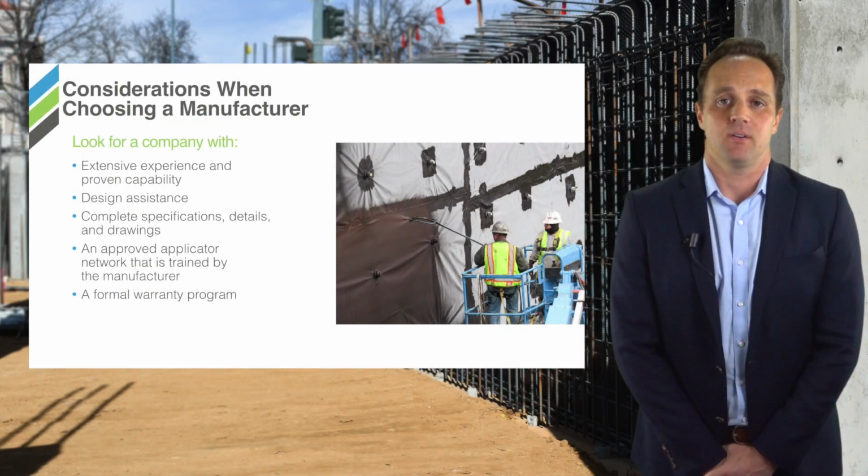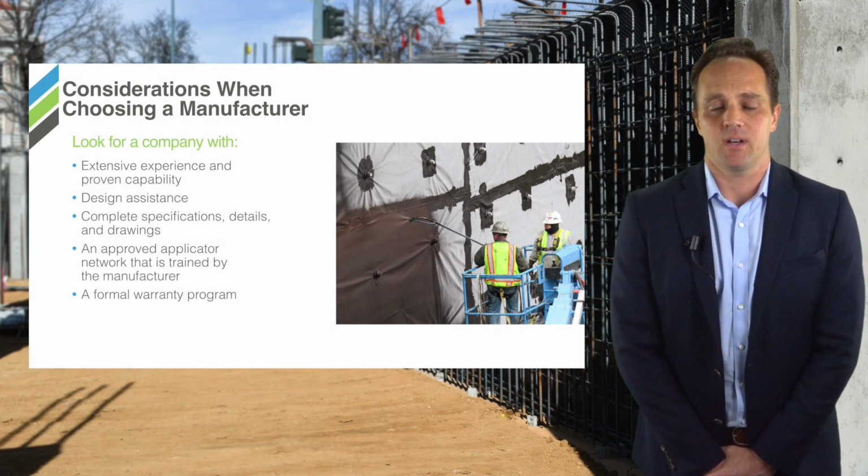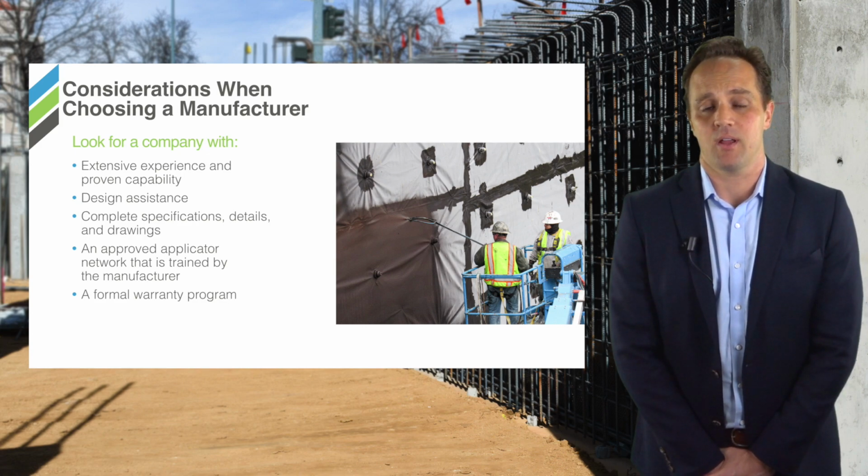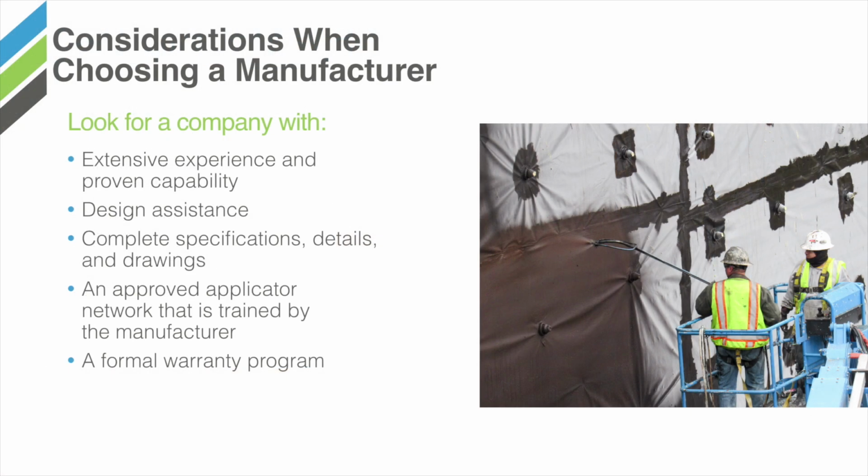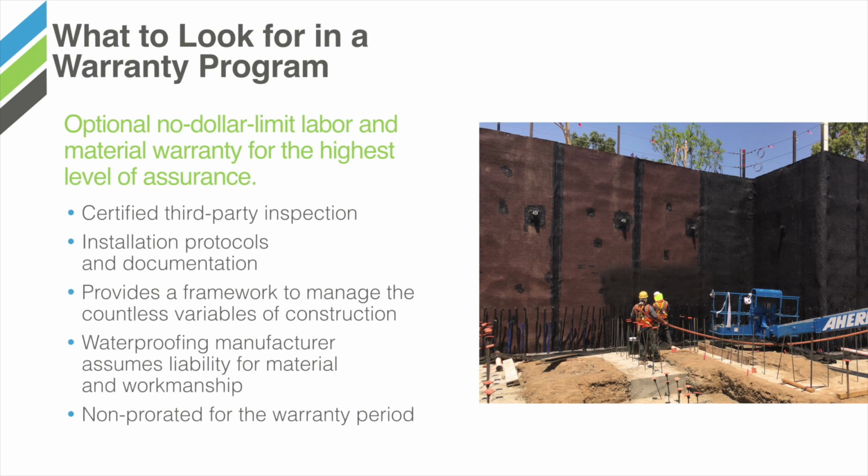And finally, warranty. Warranty is a very critical component. The ability and willingness for a manufacturer to support their product in case anything were to go wrong in the future is very important. There are a number of things to look for in a warranty program. Manufacturers offer a number of different warranty types, but the best warranty available is a no dollar limit labor and material warranty.